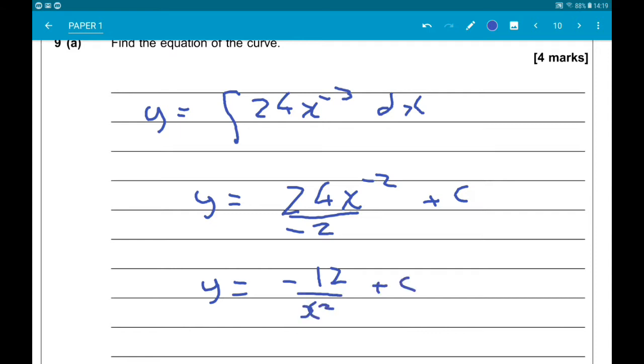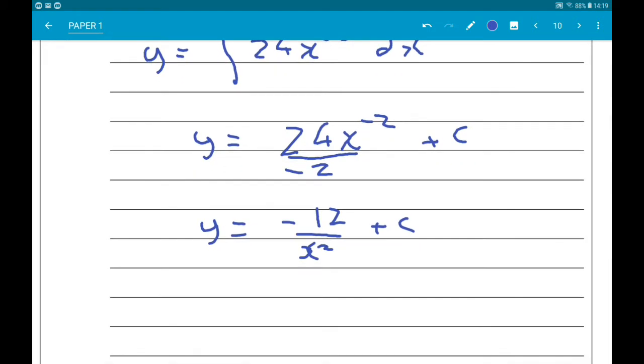So now we need to find c. To do that, we need a set of coordinates on the curve, which is good because we were told we hit the x-axis at 2, 0. So we know when x is 2, y is 0.